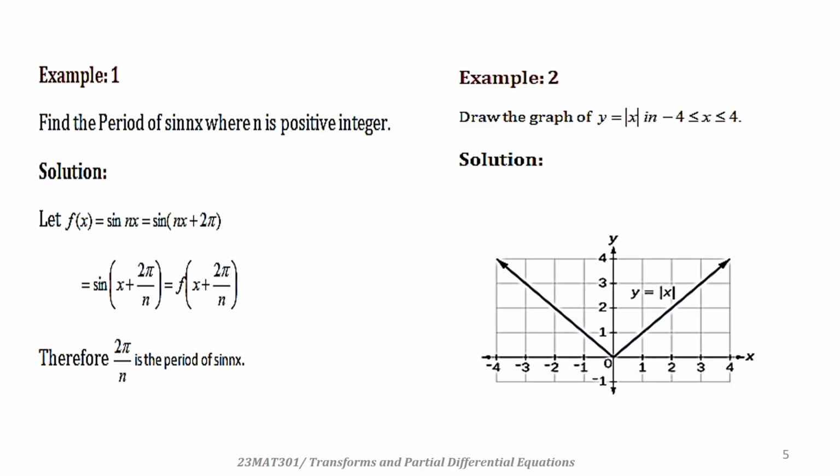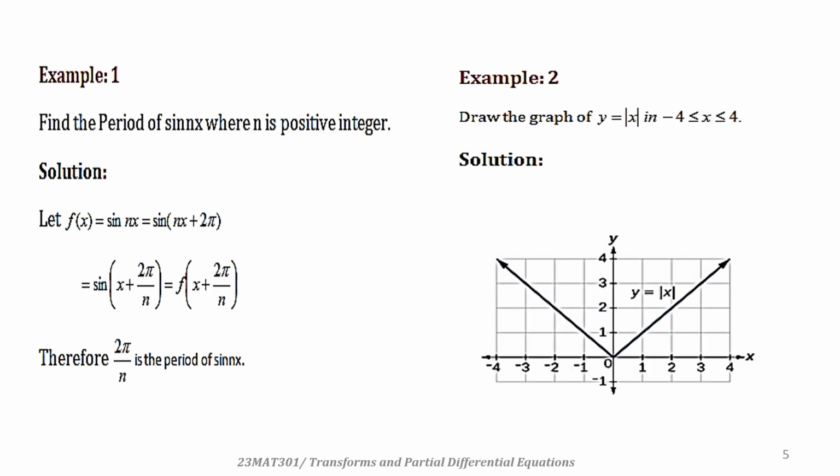First one, to find the period of sin nx. If f of x equals sin nx, you will write it as sin nx plus the period 2 pi. Sin nx plus 2 pi, if I divide the whole equation by n, I get x plus 2 pi by n, which is f of x plus 2 pi by n. So 2 pi by n is the period of sin nx.